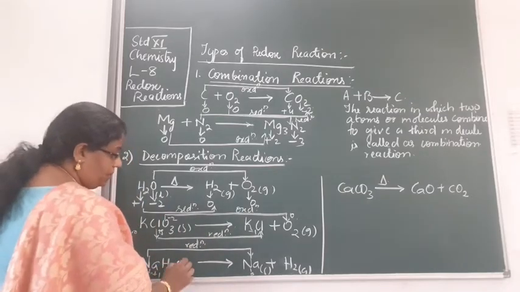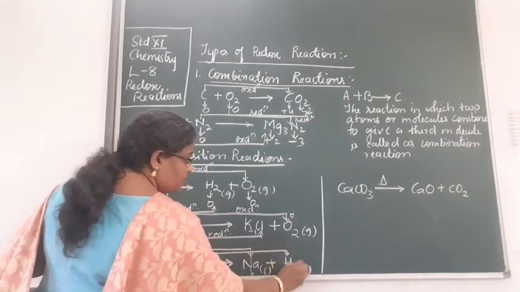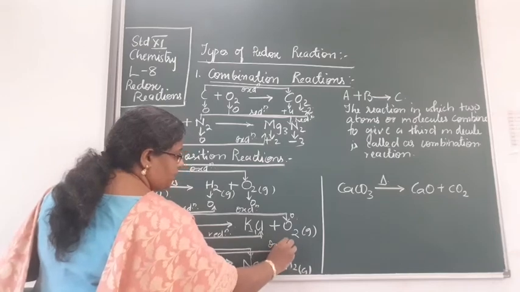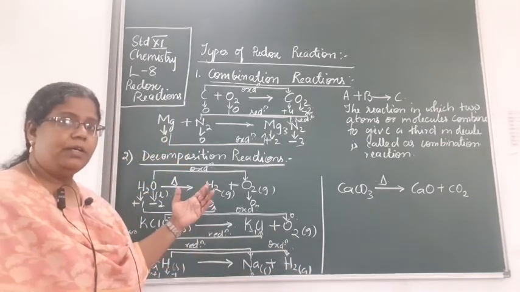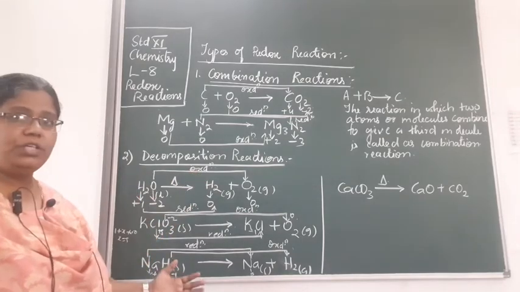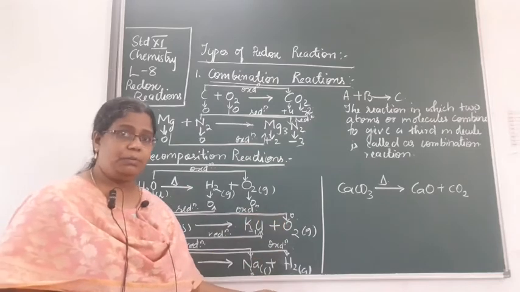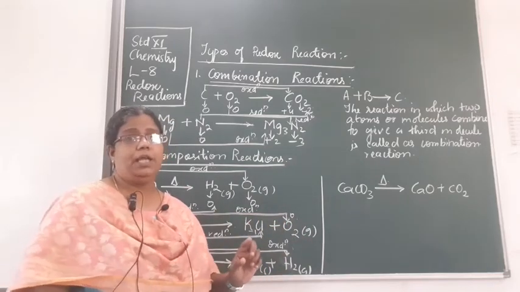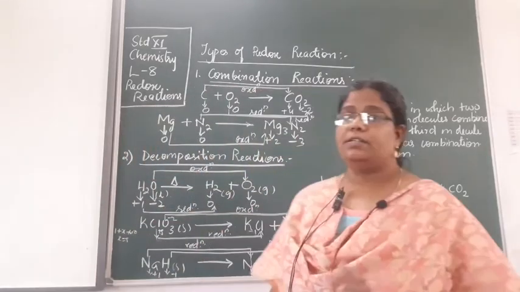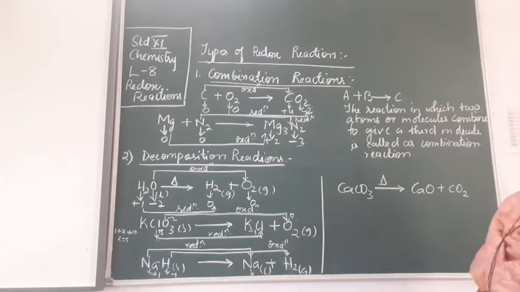And H which is in -1 state, it is going from -1 to 0, मतलब this is oxidation. Okay, so you understand now how you can differentiate decomposition reactions. Decomposition is breaking a bigger molecule into smaller molecules in such a manner that one of the products should be in the elemental form. Then we can call it a redox reaction. Okay, decomposition reaction which is redox in nature.